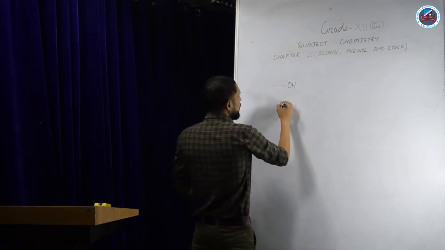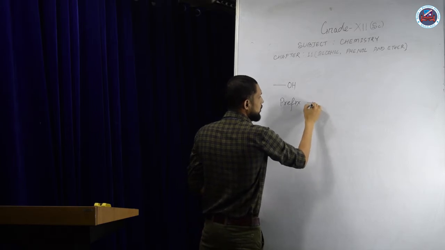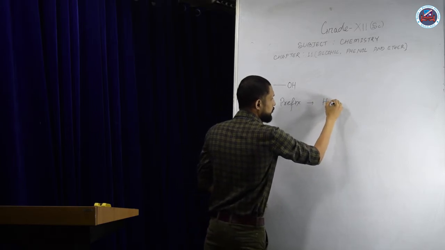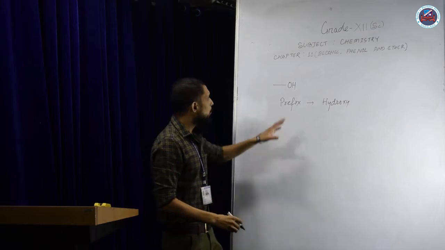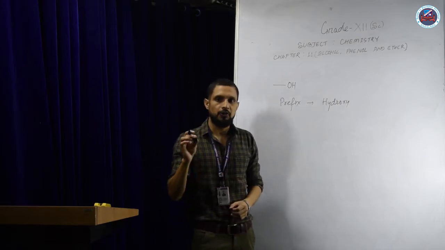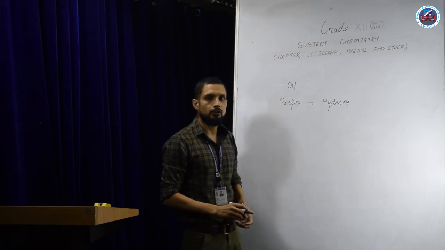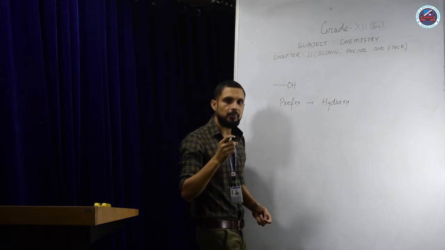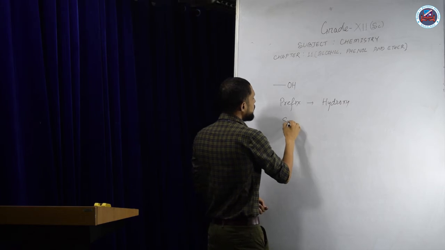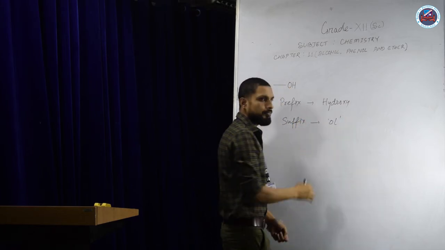The prefix name for OH is hydroxy. That is, when OH gets a secondary preference, we use the prefix name, that is hydroxy. Whereas, when it gets the primary preference, we use the suffix name, that is OL.